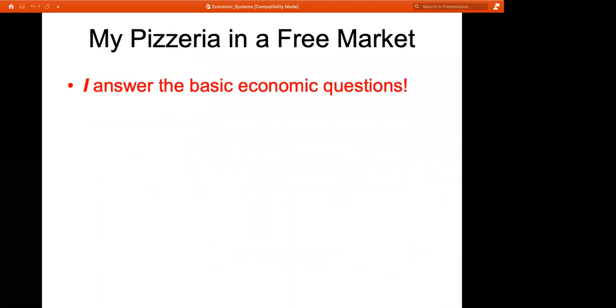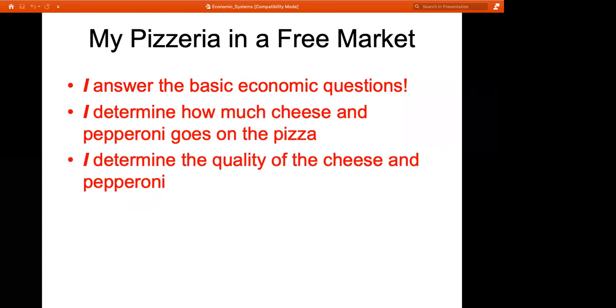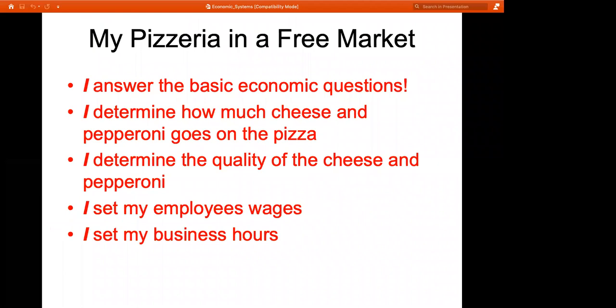In a free market, say a capitalistic market, I answer the basic economic questions: I determine how much cheese and pepperoni goes into the pizza and the quality of the cheese and pepperoni. I set my employee wages. If I own an outlet, say Domino's, I decide how much wage to give and how many hours he can work.